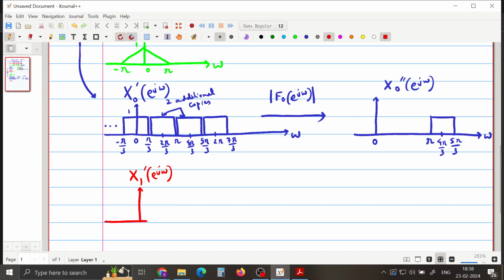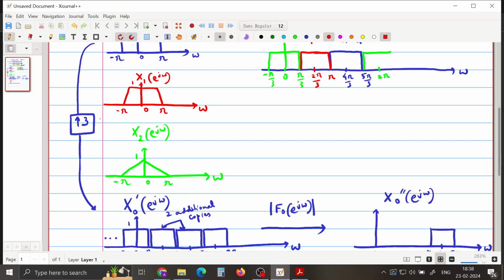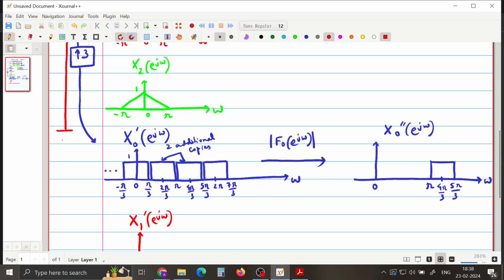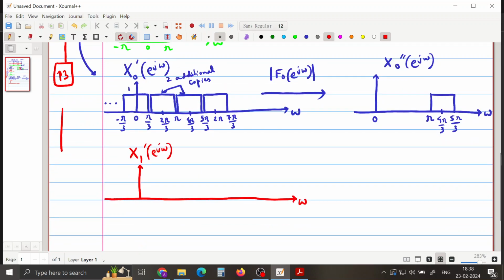So what does x1 prime of e power j omega look like? This is x1 of e power j omega, and this signal is passed through an upsampler of factor 3 to give me this output.